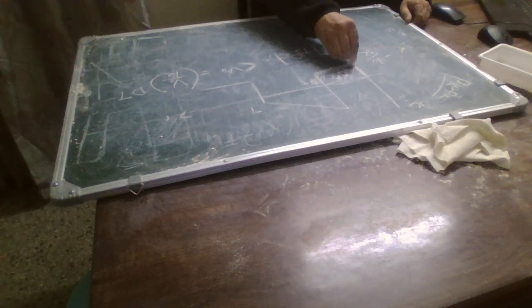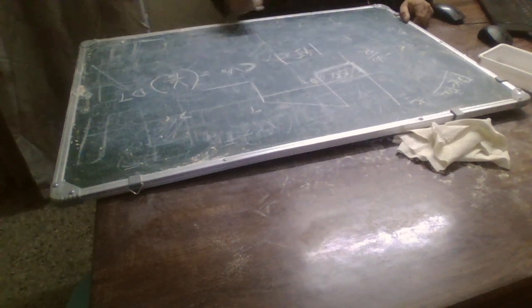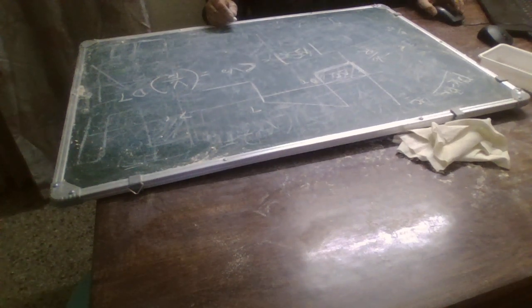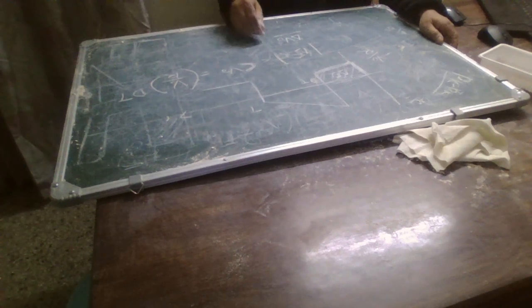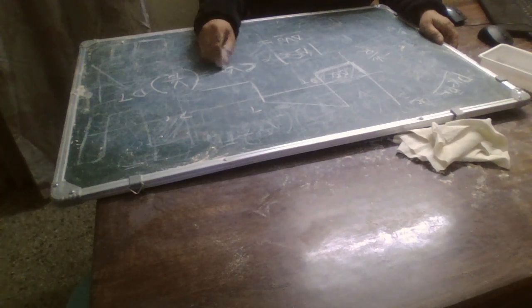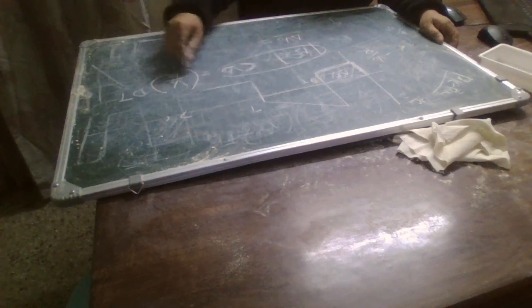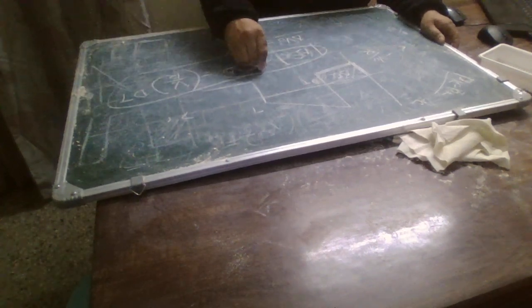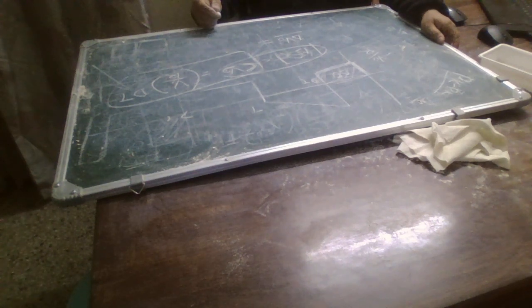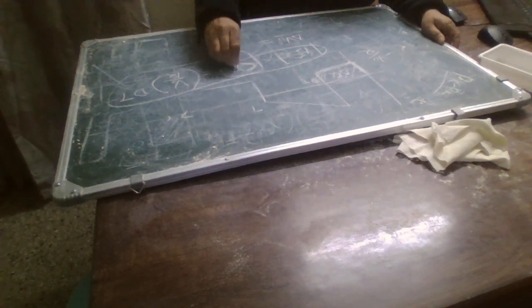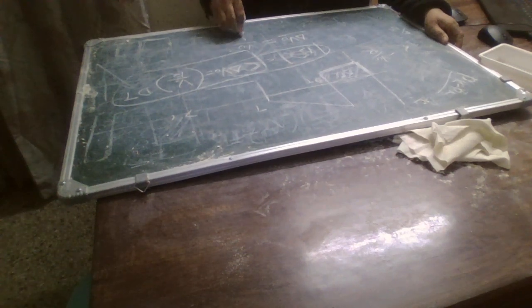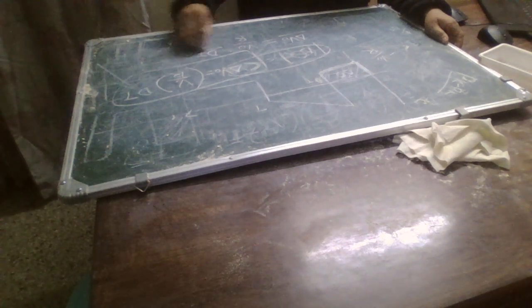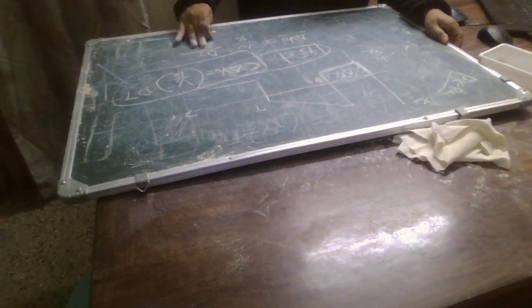So V naught by R into dt, that's what I have taken here, and that would be equal to delta Q. So the ripple in the output voltage, delta V naught, would be equal to delta Q by C. This has to be delta V naught, otherwise V naught will get cancelled. So delta V naught is equal to V naught upon R, dt upon C.